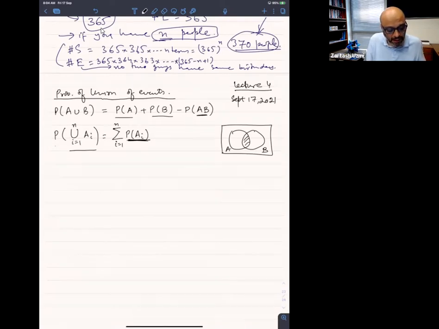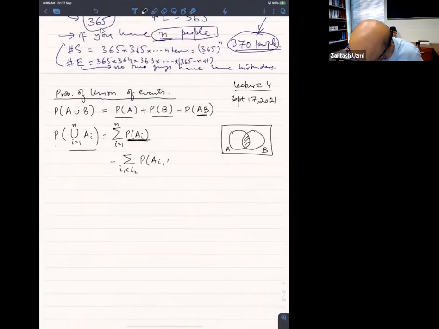Then we have to subtract all the pairs: minus the summation over all i1 less than i2 of probability of A_i1 intersection A_i2. How many pairs are there? You are choosing 2 A_i out of n A_i, so this would be n choose 2 terms.